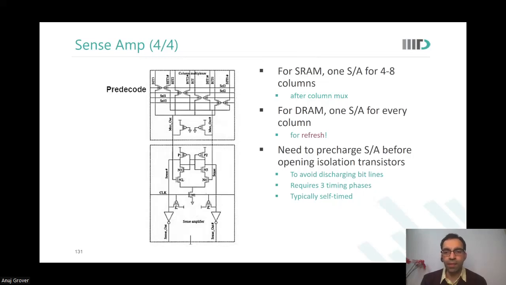Sir, we generally say DRAM is much denser, right? But with so many sense amplifiers, how does it become dense actually? Is the density of a memory because of the periphery or because of the memory cell? If we buy a DRAM, we'll get it with the sense amplifier, right?